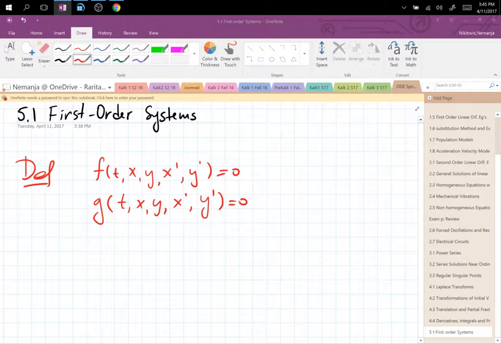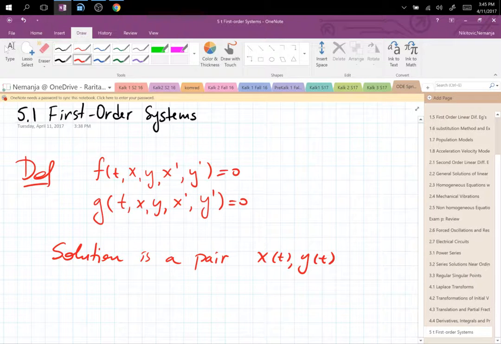And the solution is a pair, x of t, y of t. So for each function x or y, you will have a function as the answer.